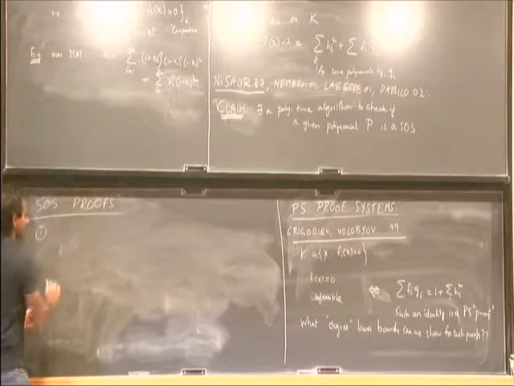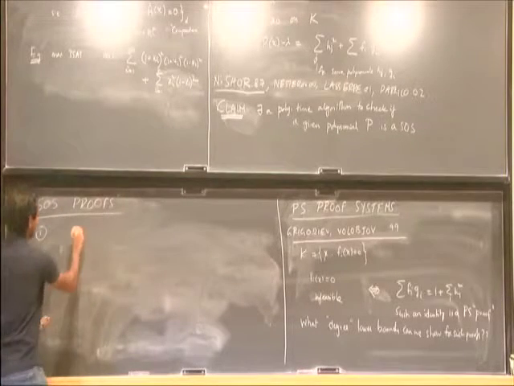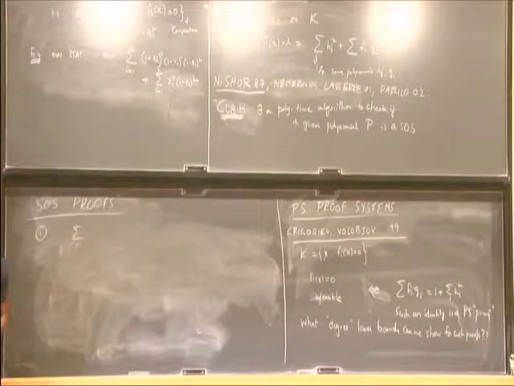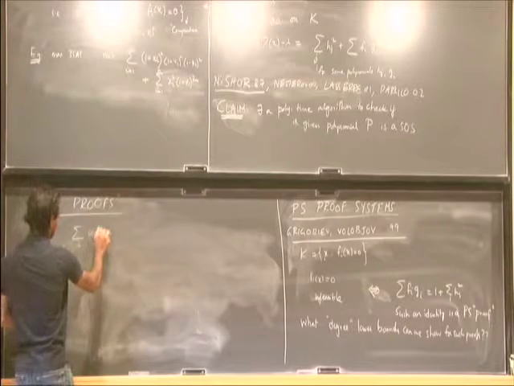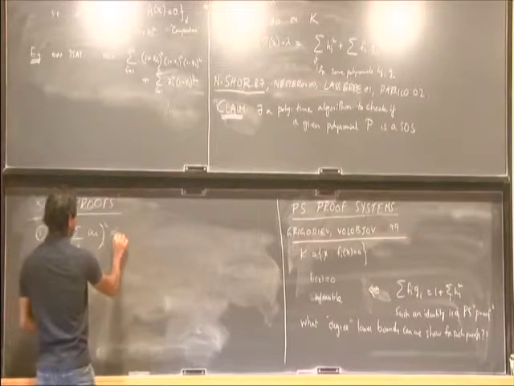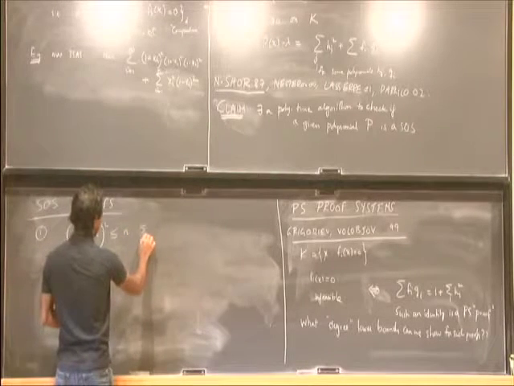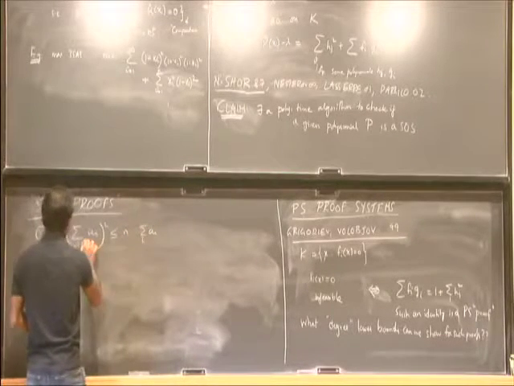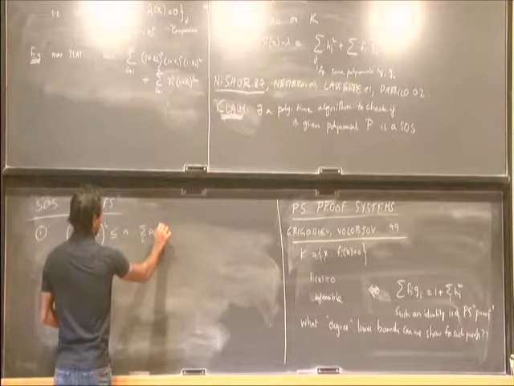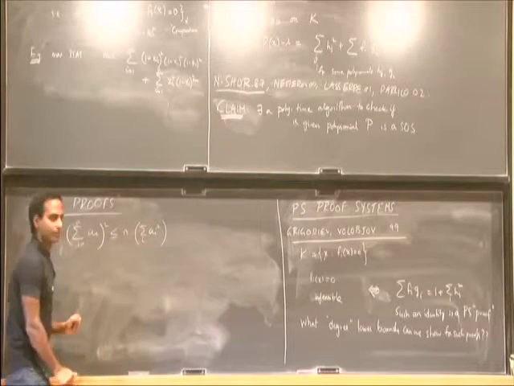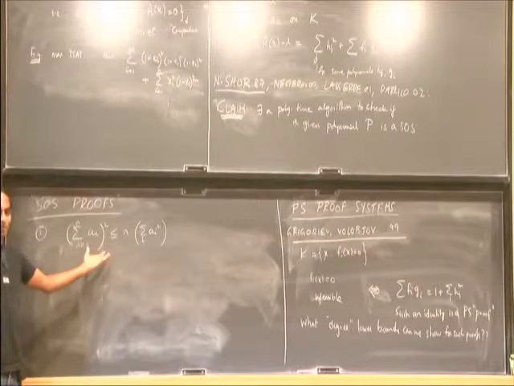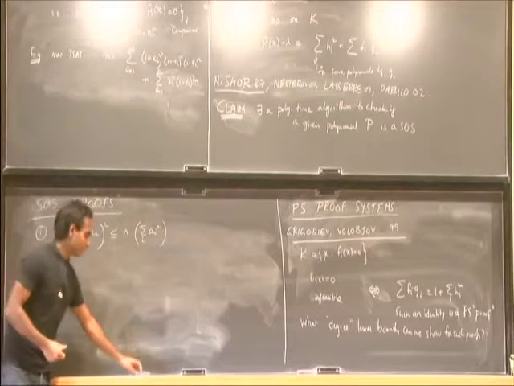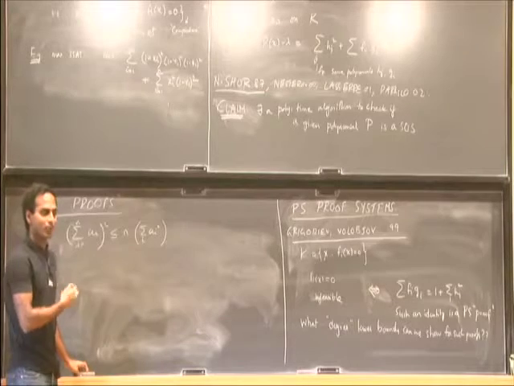The first example is Cauchy-Schwarz, which is probably the core example that most people will use. It says (summation a_i) whole squared is less than or equal to n times summation a_i squared. Everyone knows the proof of this. But you can also give a sum of squares proof of this.